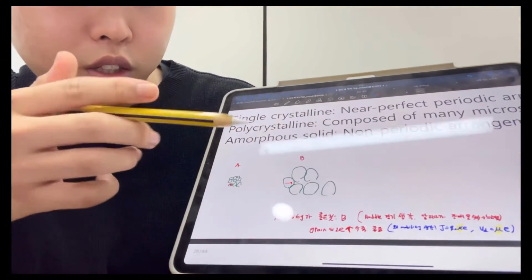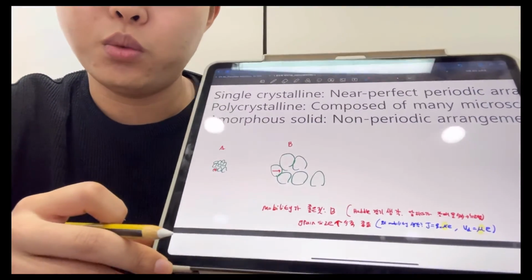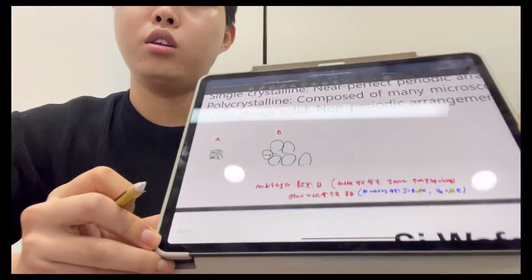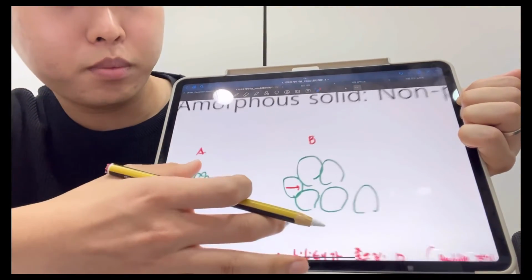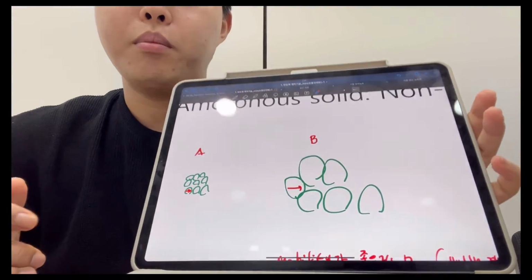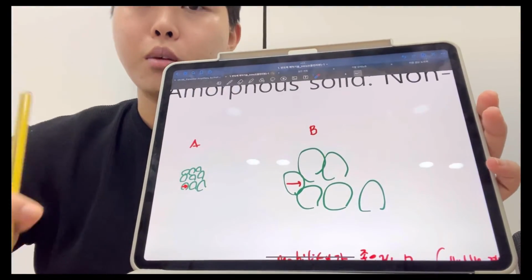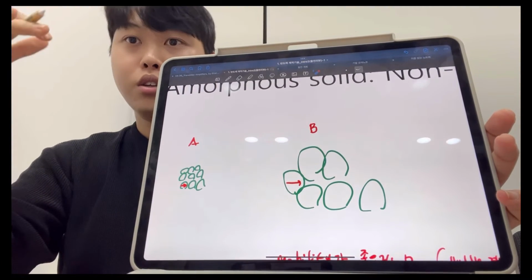Let's have a look at the grains of A and B. I want to give you a question. Which one will have the better mobility? Let's think of a hurdle game. In the hurdle game, if there are many hurdles, it is hard to keep your own speed.